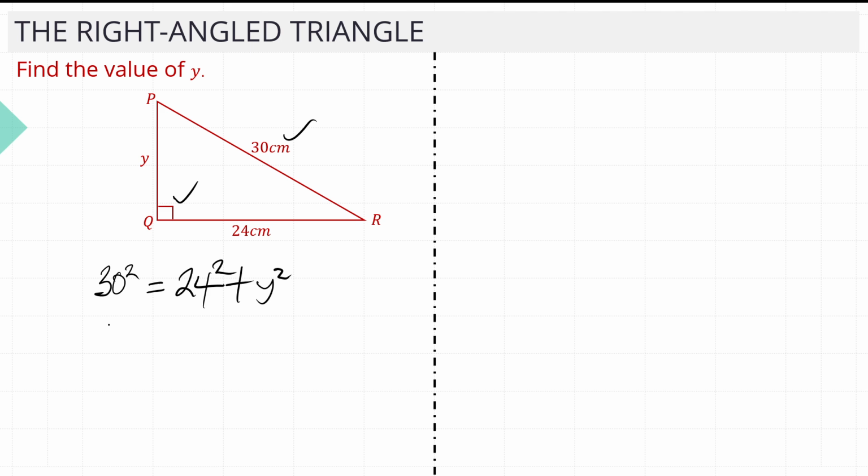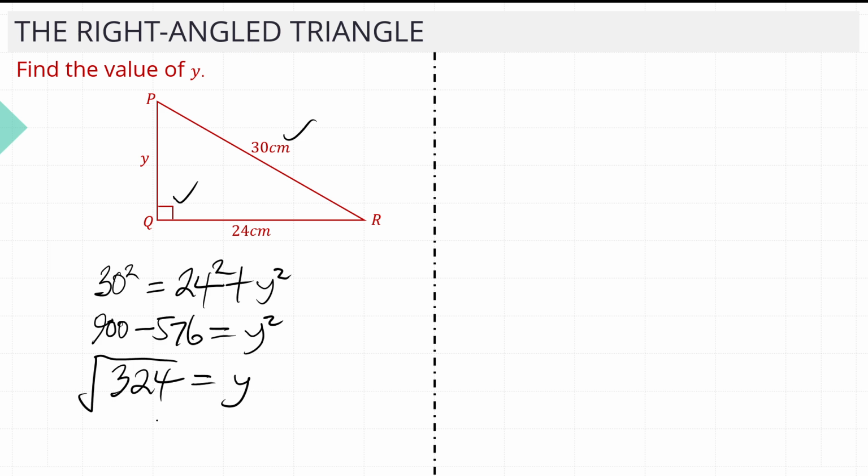Now grouping like terms and solving. 30 squared is the same as 900. 24 squared is the same as 576. So we now have it this way. Now take the square root of both sides. Get the value of y as 18 centimeters.